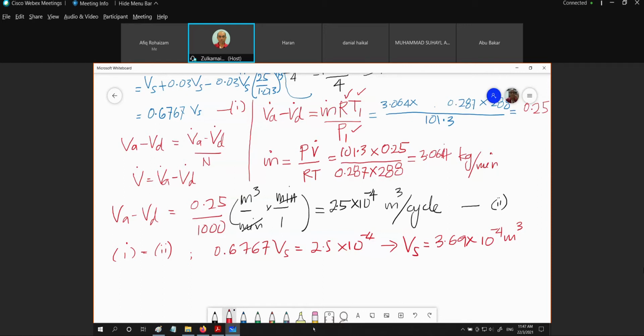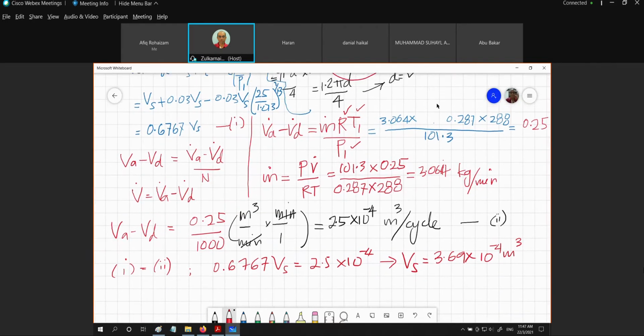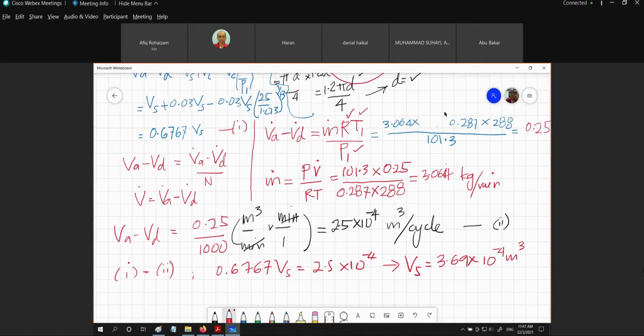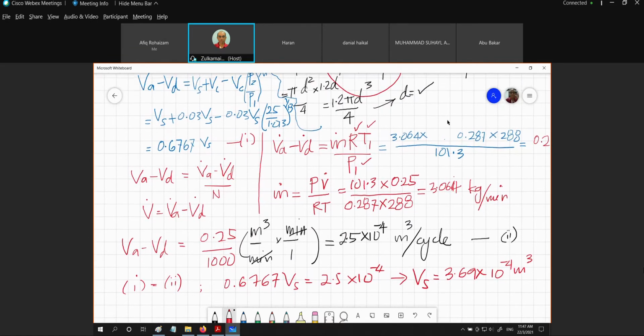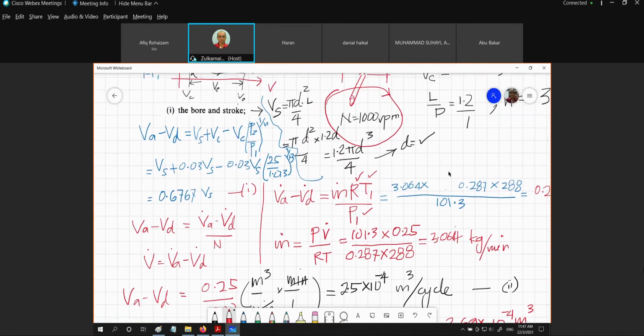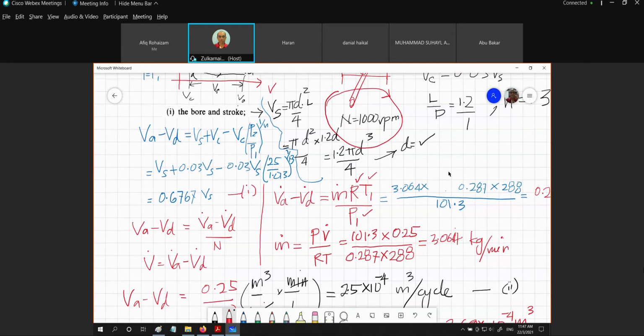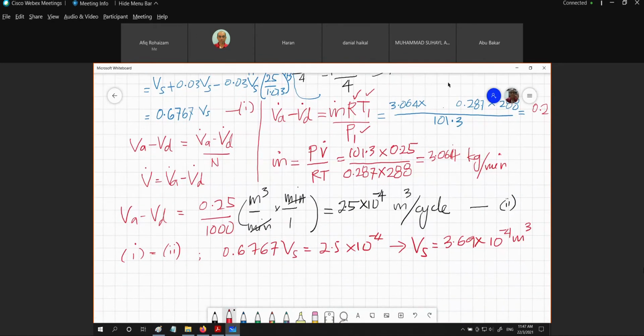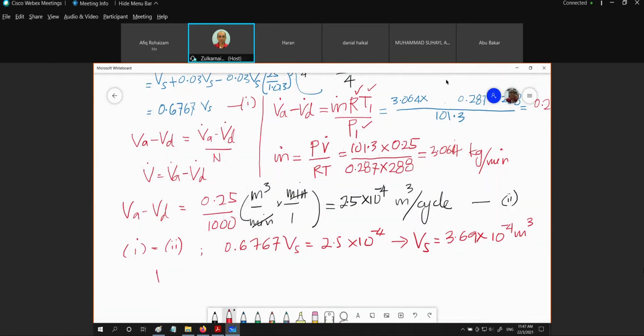So from the equation of Vs, just now we have put, where is the Vs? 1.2 pi d cube over 4 is equal to 3.69 times 10 to the power of -4.